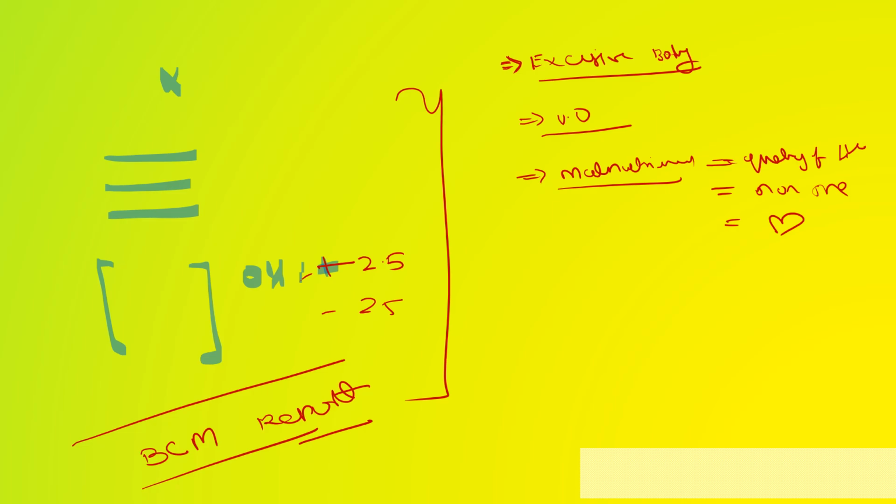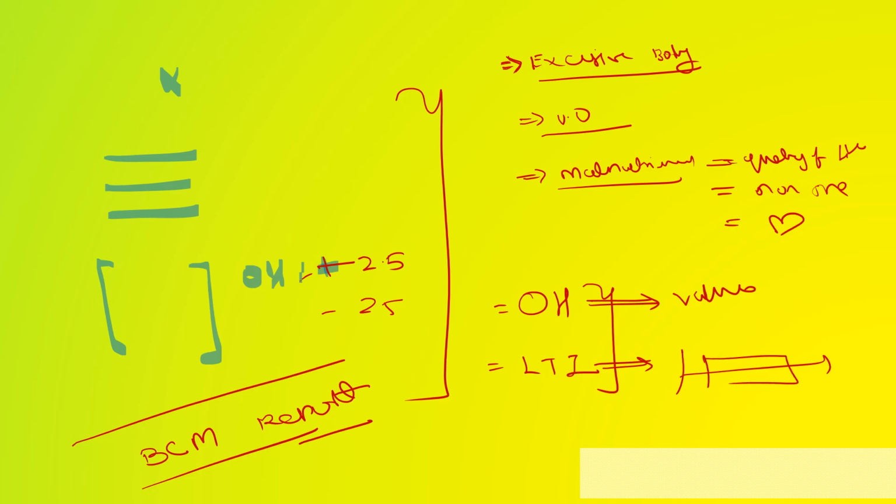In the BCM report, the parameters we always see are the overhydration and lean tissue index. In the summary this will be given as a value. The other two you can remember are given as a percentile. So if it is less than 10 percentile or more than 90 percentile, that comes in the abnormal range.